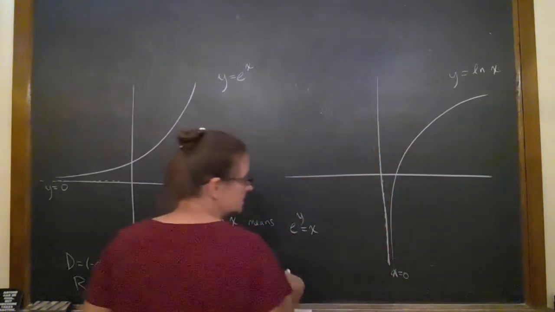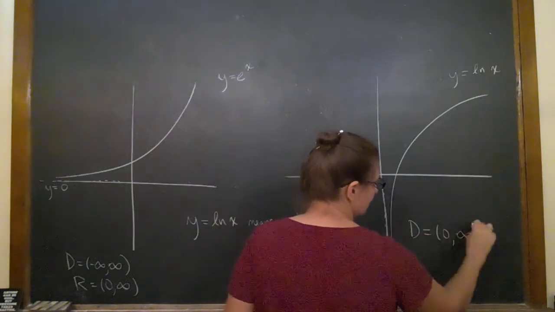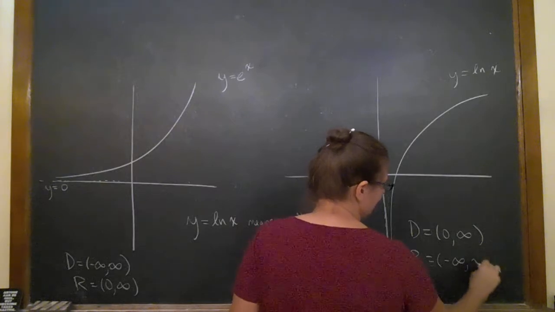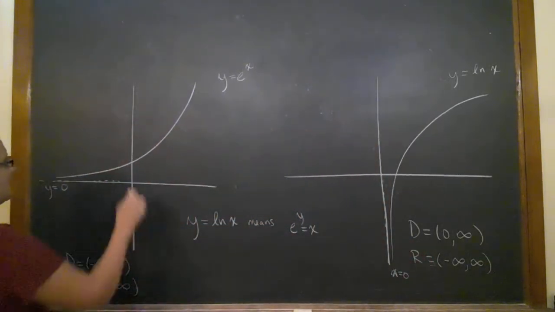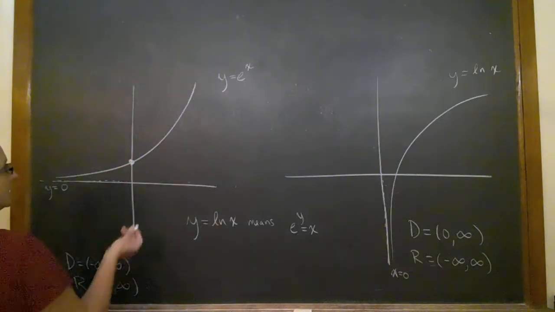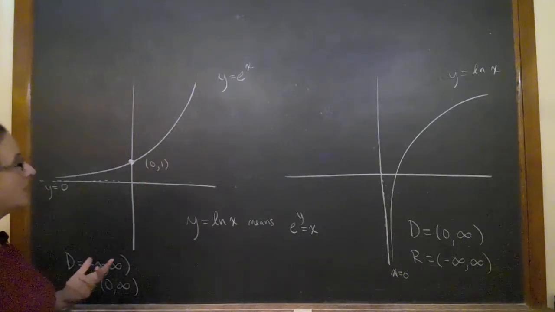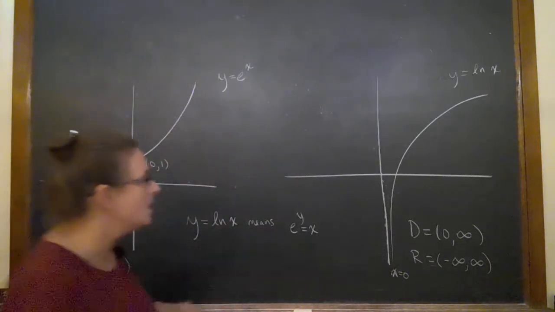And of course, our domain is 0 to infinity, and my range is negative infinity to infinity. This point, of course, is the point 0, 1, because e to the 0 is 1, because anything to the 0 is 1.